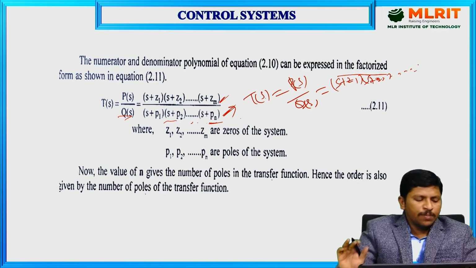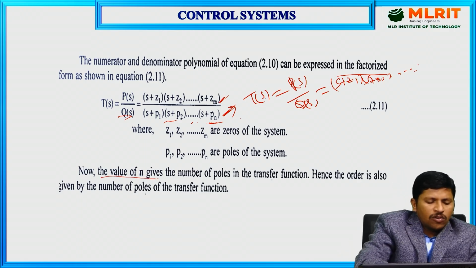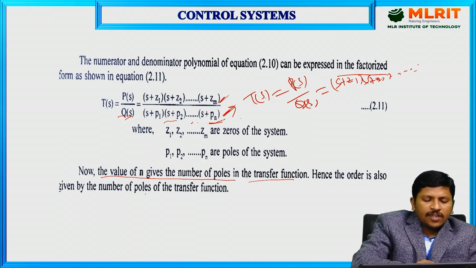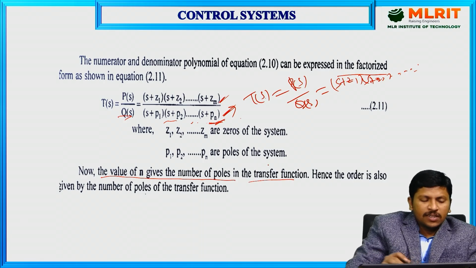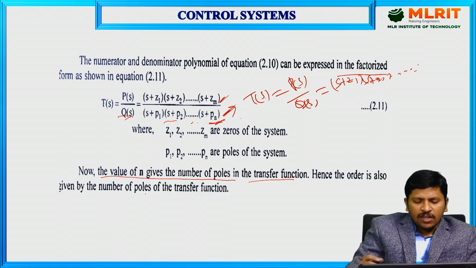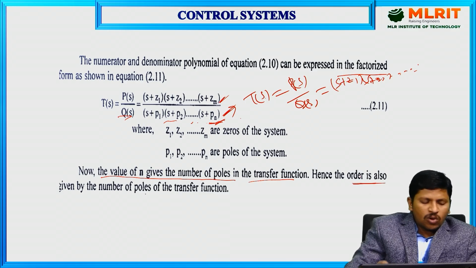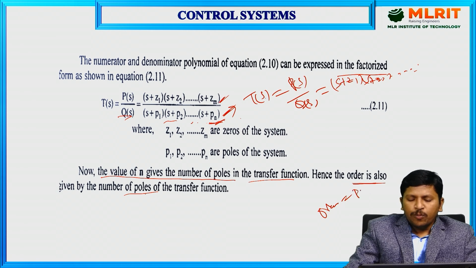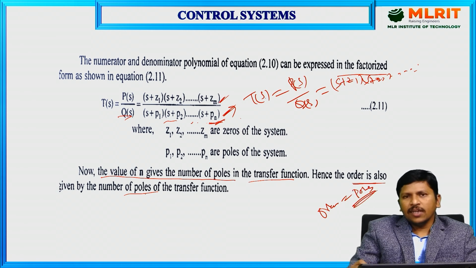The value of n gives the number of poles in the transfer function, which also indicates the order of the system. Directly, order equals poles.